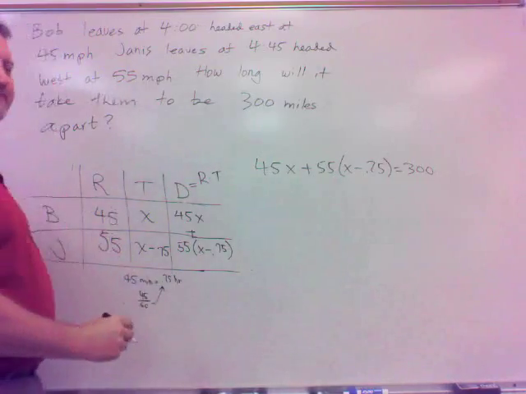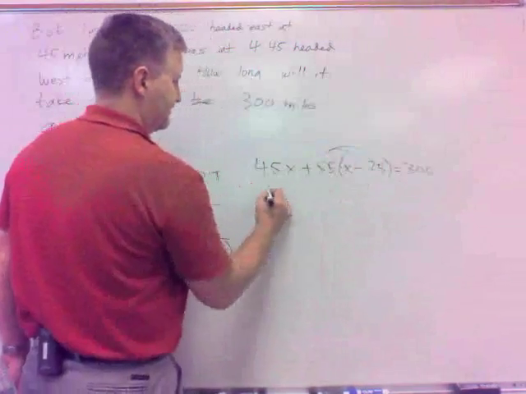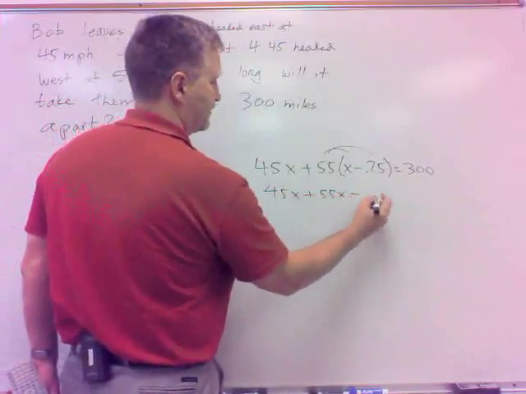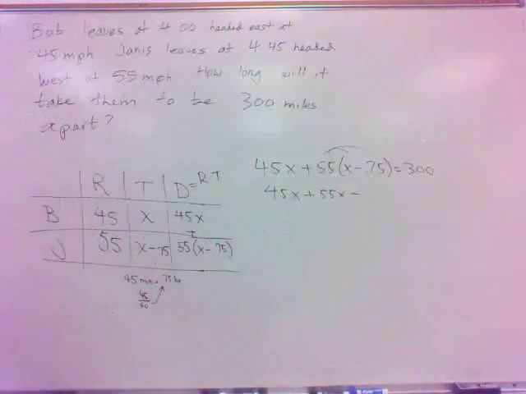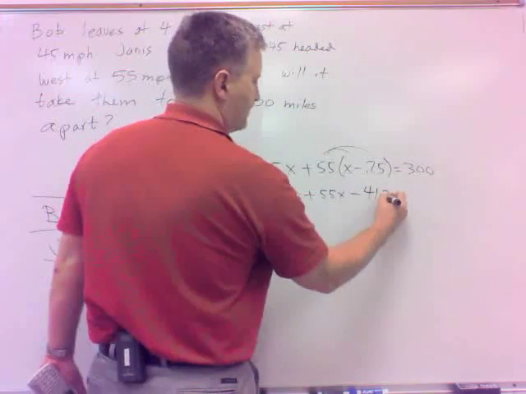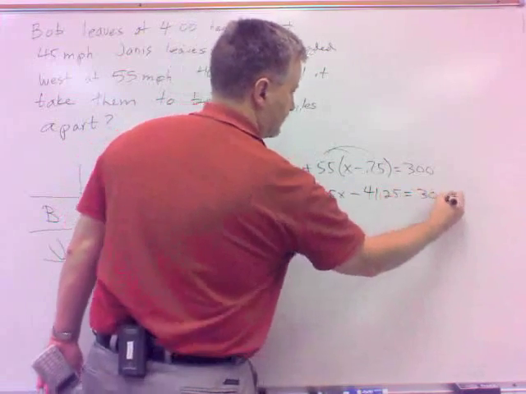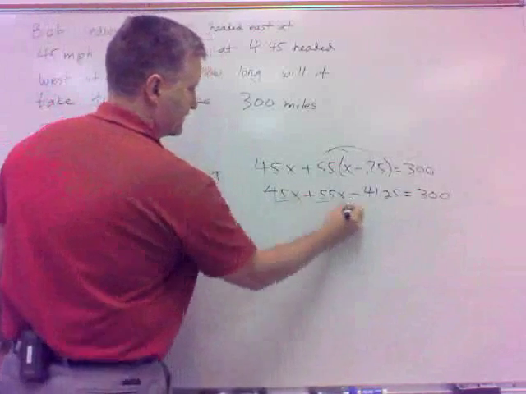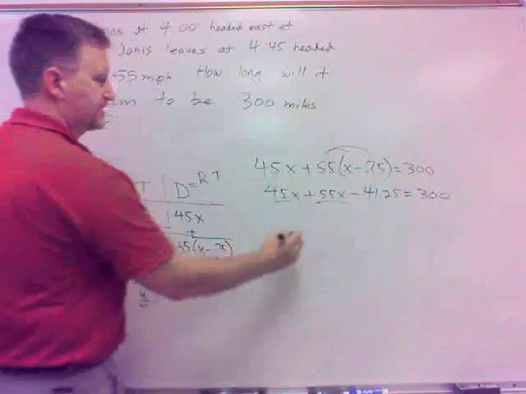Solve that one, right? Of course, that means distribute your 55. 55x, and then 55 times 0.75 is 41.25. That's what I get. Does that sound right? 45x and 55x is 100x.